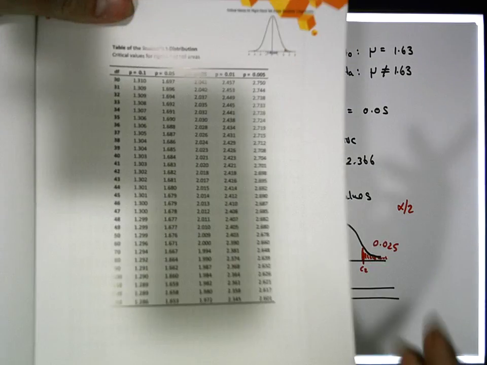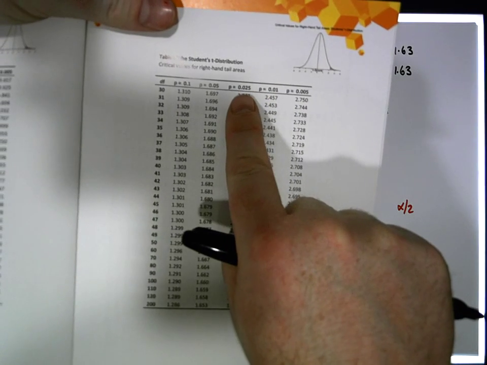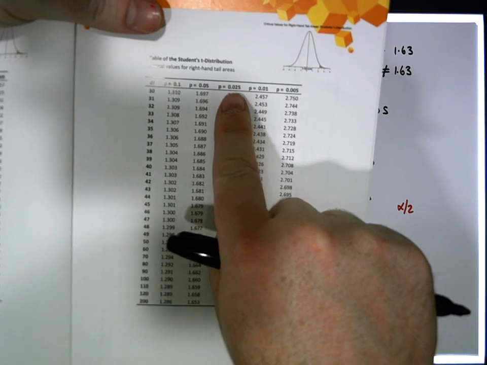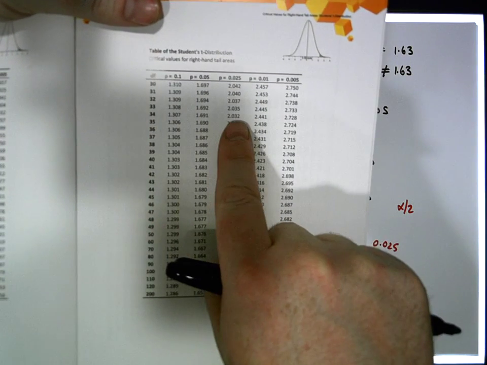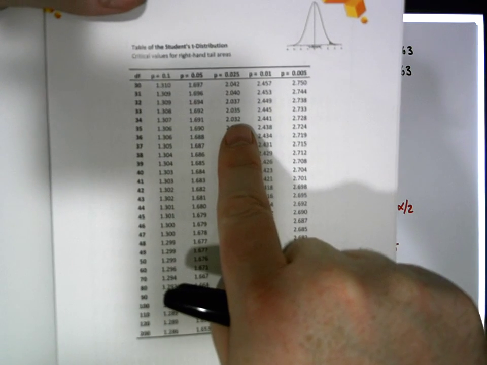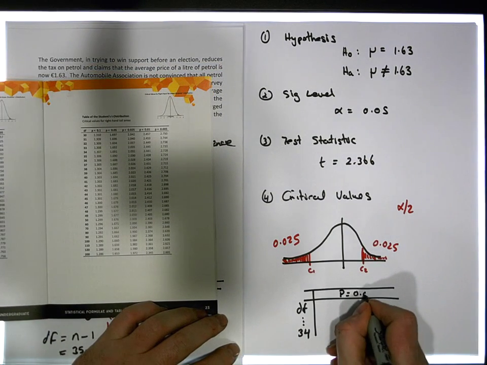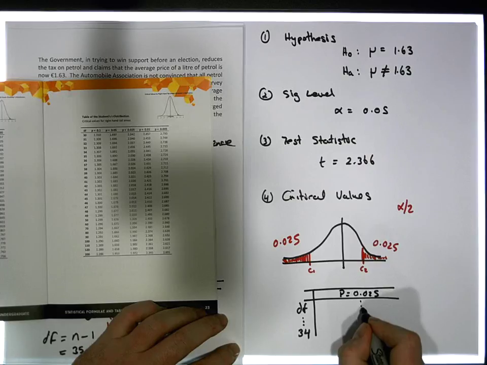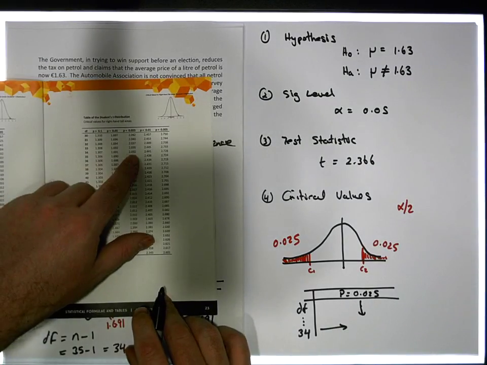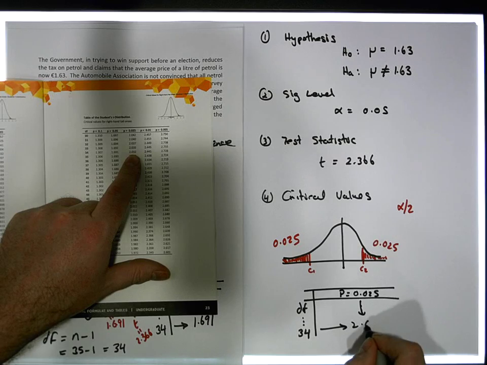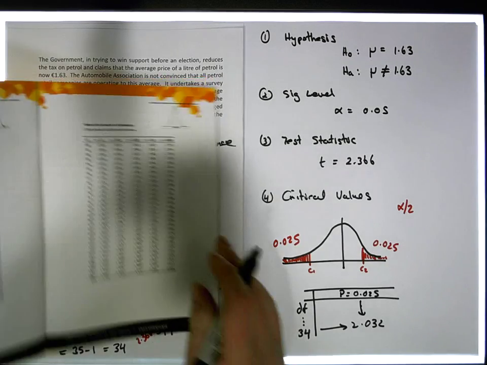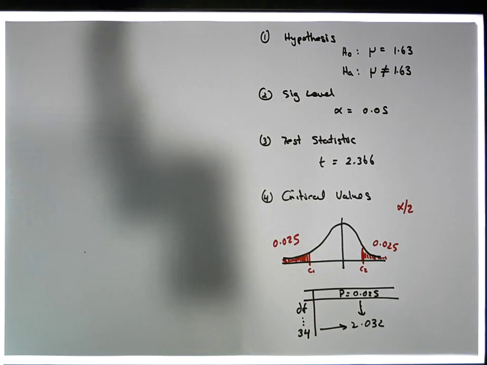Under 34 degrees of freedom, can you see that? It's 2.032. So with a probability of 0.025 in the right tail, we get 2.032.